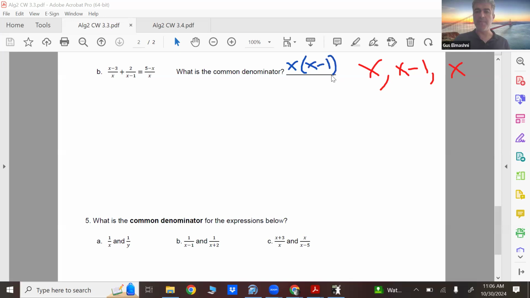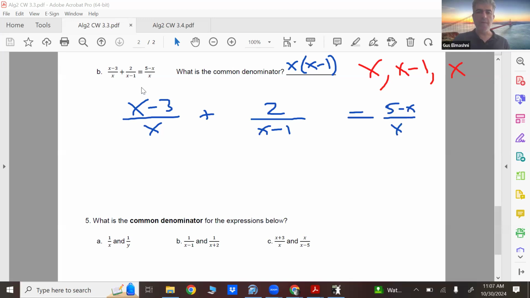That's your common denominator. So what you're going to do, I'm going to lay it out very nicely here. And I'm going to multiply both sides by my common denominator, which is going to be x times x minus 1.